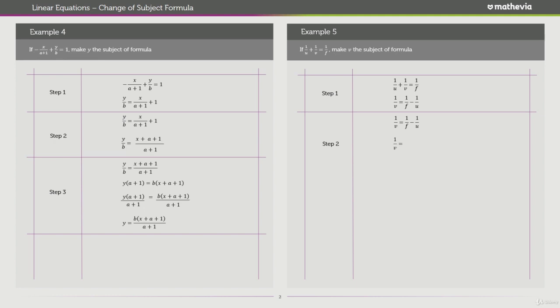What we want to do is work the fraction on the right, and we have uf as our common denominator, and when we work the top we have u minus f. So 1 over v equals u minus f over uf, and now we have two fractions, one on each side of the equal sign, as opposed to having the sum.